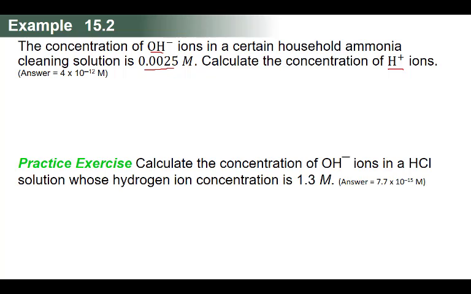So we can easily calculate by this formula: Kw is equal to 1 into 10 raised to the power minus 14 is equal to H plus multiplied by OH minus concentration. Bracket means molar concentration.